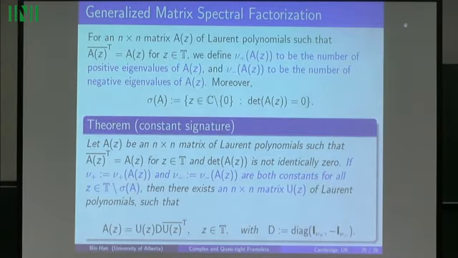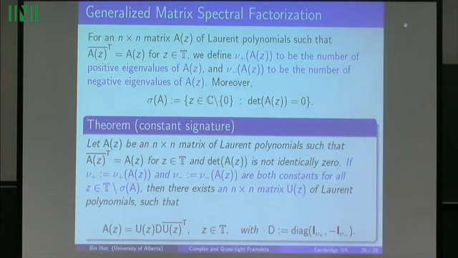In 1D, we can tell you the minimum of the size. The minimum size is completely determined by the eigenvalues of A: how many positive eigenvalues and how many negative eigenvalues.